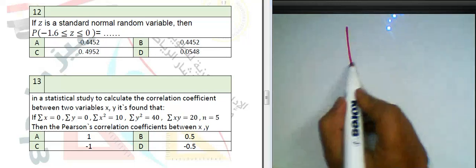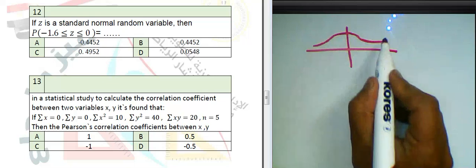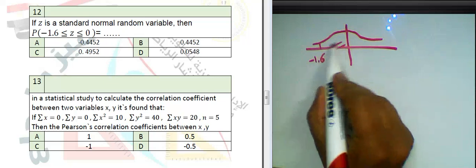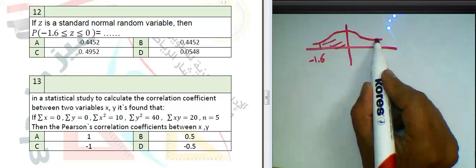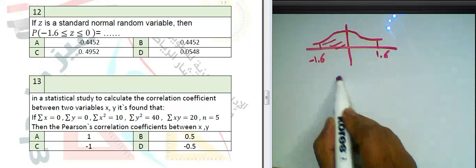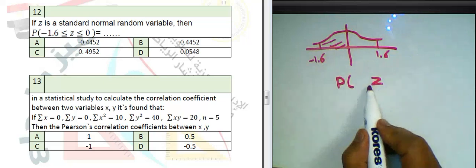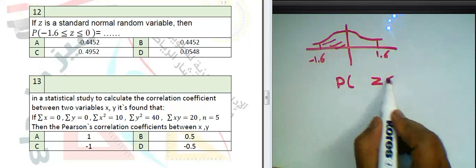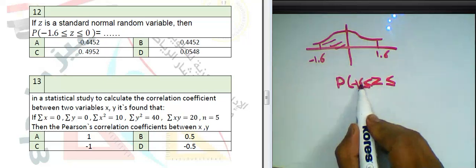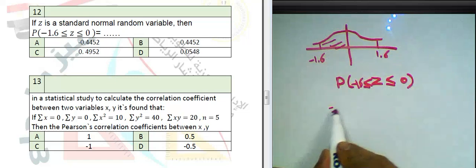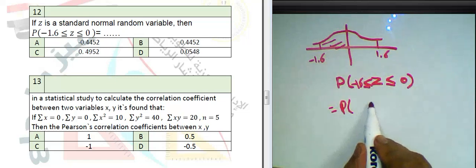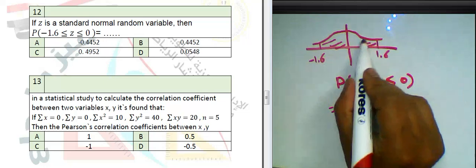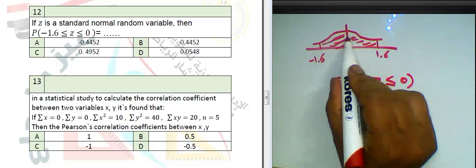Look at this Gauss curve here. From negative 1.6 to 0 is equal to from 0 to 1.6. So the probability of z greater than or equal to negative 1.6 and less than or equal to 0 equals the probability of z greater than or equal to 0 and less than or equal to 1.6. This area equals this area.